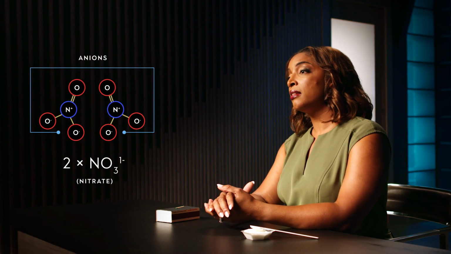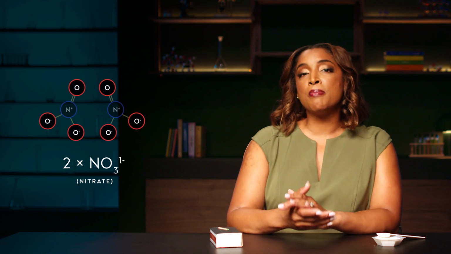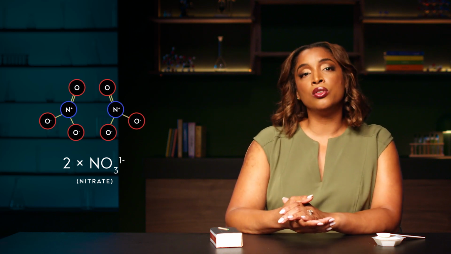The lead nitrate is made up of 3 ions, the lead cation and 2 nitrate anions. Therefore, it'll dissociate into 1 lead ion and 2 nitrate ions. The anion, nitrate, has 1 nitrogen and 3 oxygens bonded together into a single particle.